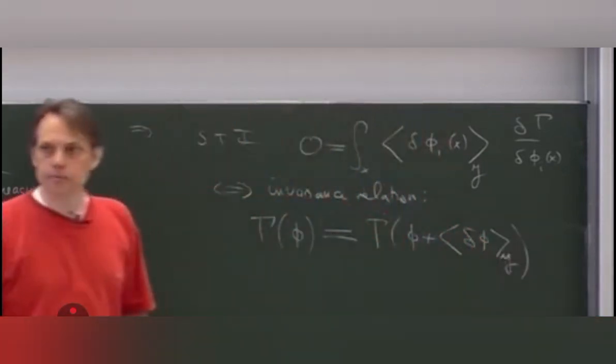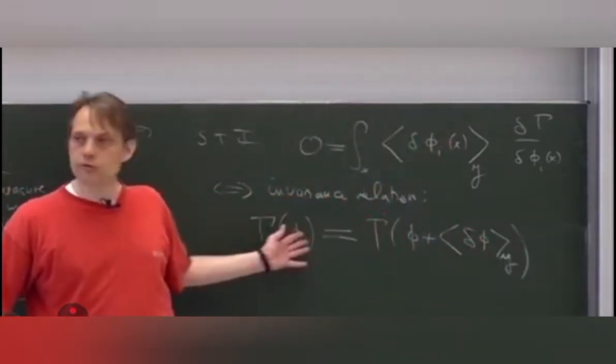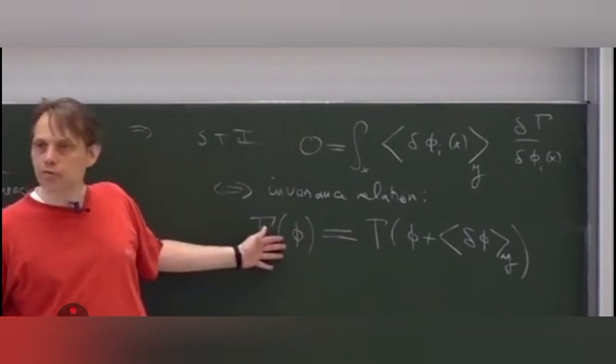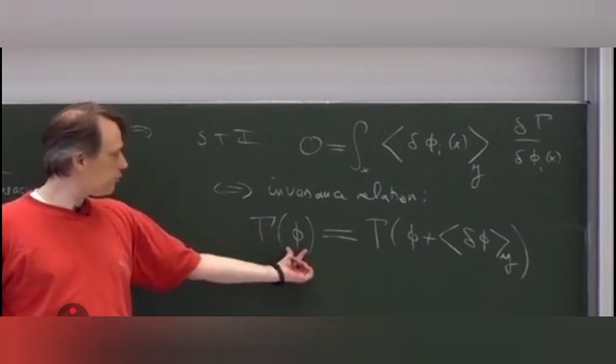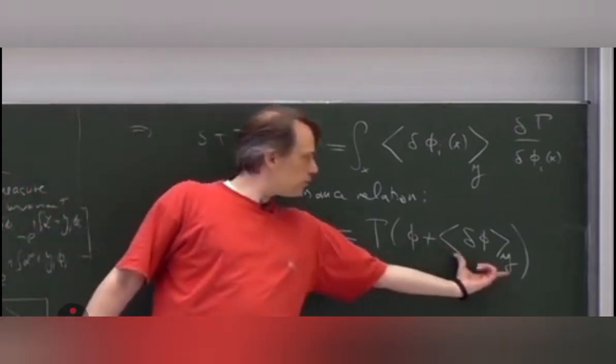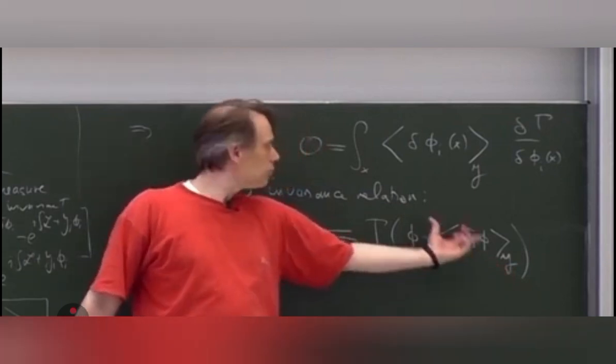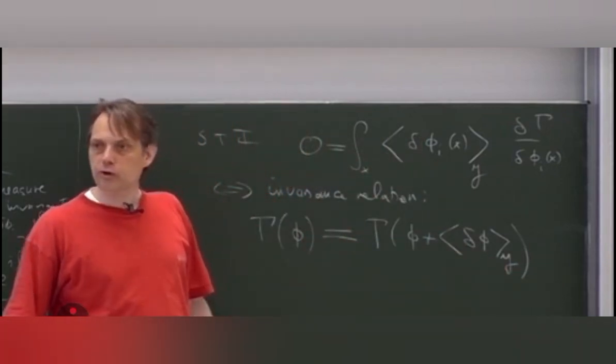Okay? So that is the invariance relation. And the upper equation is just the infinitesimal form of the lower equation. So you can transform the classical field arguments by this shift, which is an infinitesimal shift, and the effective action stays invariant.